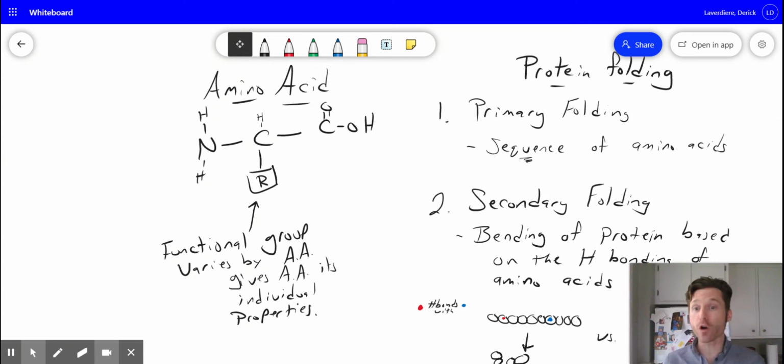If you put a hydrophobic functional group in this spot, then you have yourself a hydrophobic amino acid. Right? So whatever group you put in this R slot here is going to determine what properties this amino acid possesses, which is going to become very important when we look at how the protein gets its shape and its functions.